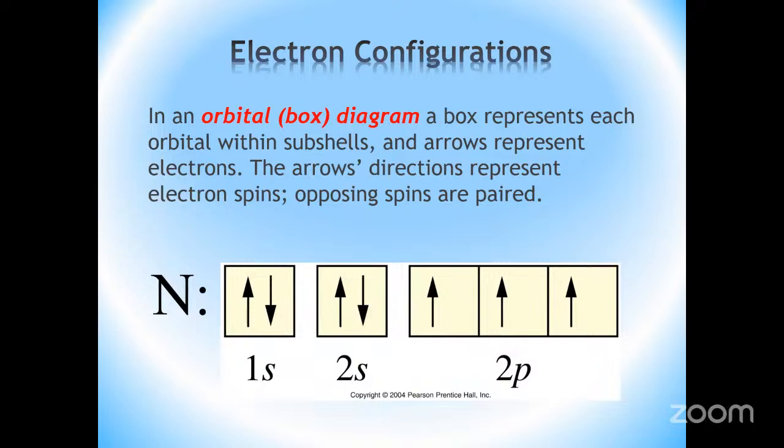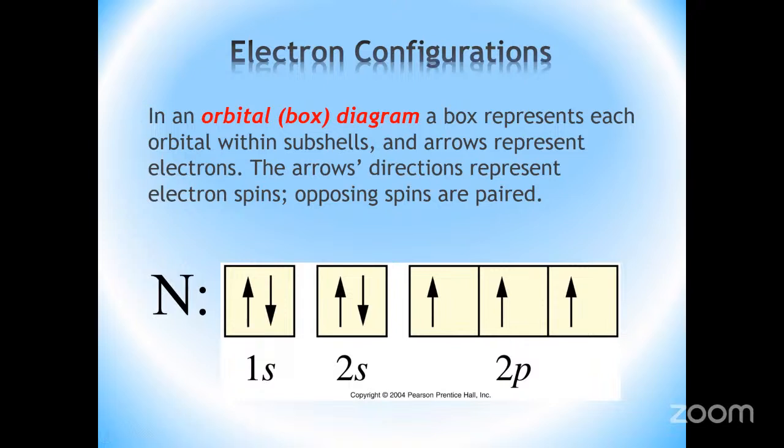Another way of expressing the electron configuration is by using what is called an orbital box diagram. This one is a bit more descriptive because not only does it tell you how the electrons are distributed among the orbitals, but it also tells you the direction of spins of the electrons occupying the different orbitals, right? So the arrows represent the different spins.